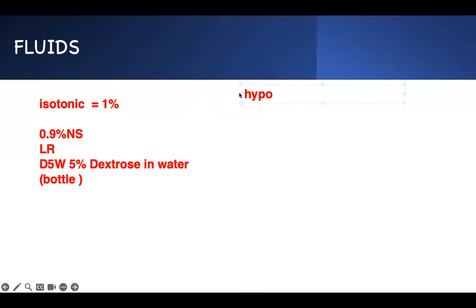The next one, hypo. That means it's less than 1%, right? Therefore, there's no concentration that should be greater than 0.9. So if they give you 0.5% of normal saline, this is the same as half normal saline. Here is half of the osmolar concentration. So this is hypotonic solution.